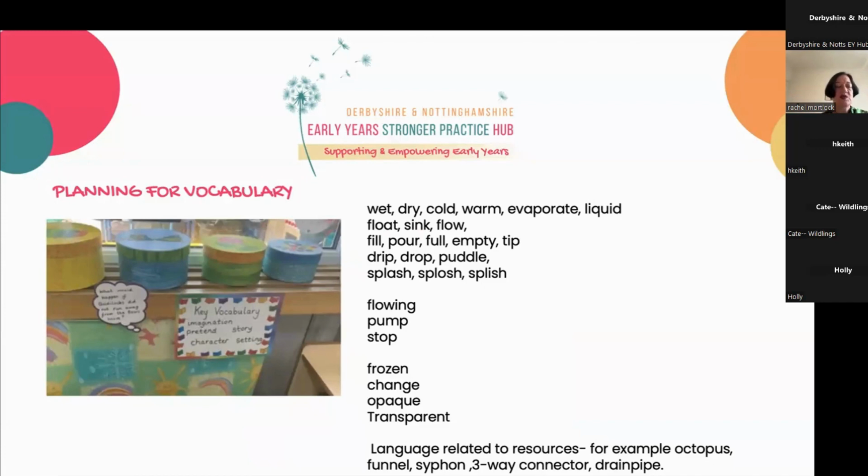In this school, there's no expectation the children can read this key vocabulary. Imagination, pretend, story, character, setting. It is there to remind the adults to use it. It's a really simple laminated piece of paper, and they have it in all different places in the settings, and lots of settings I work with do this. They will have just written vocabulary that they want the adults to focus on when talking to the children.